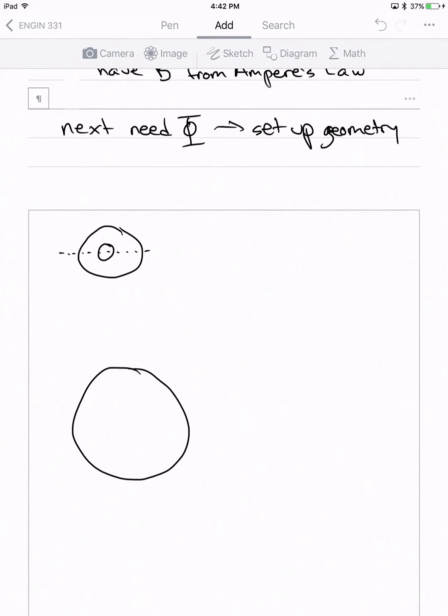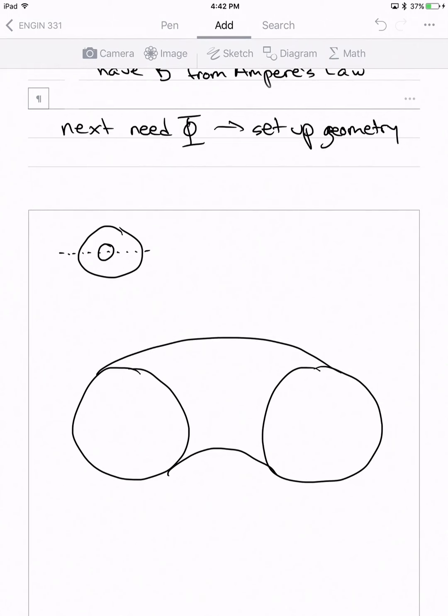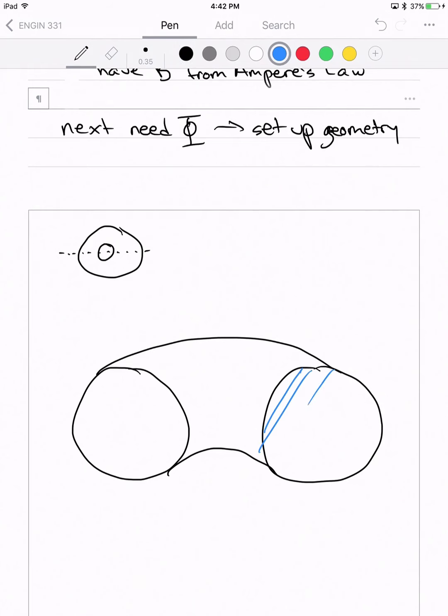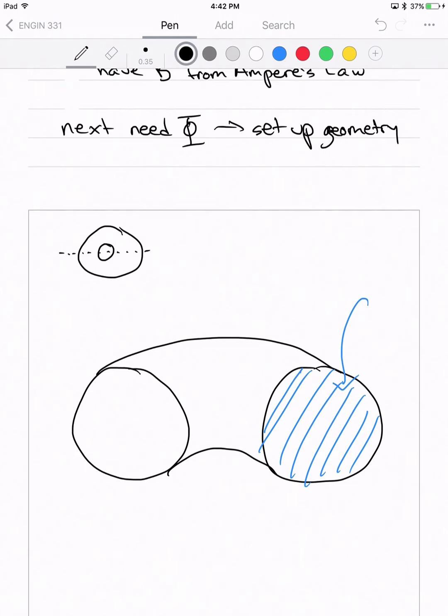We're looking at the toroid cut in half like you're sharing the donut with your friend now. And the surface that we're going to use for finding the magnetic flux is going to be the cross-sectional area of the toroid. Find flux through here.